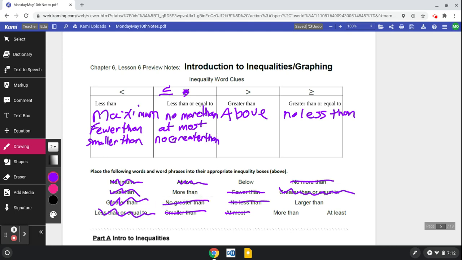No more than, I'll go with this one. If it is more than 8, it has to be greater than 8. Below, I'll go here for less than. At least is going to be this one. If we say at least 5, it has to be 5 or bigger. And larger than would be this one.